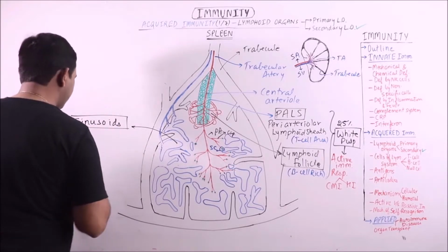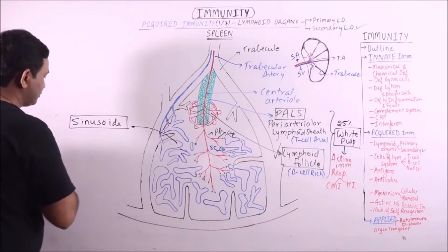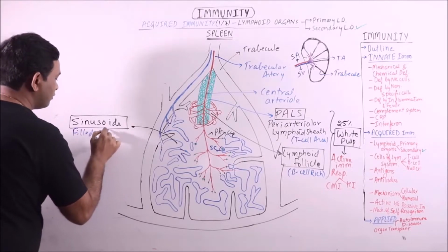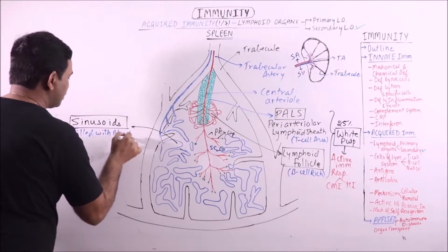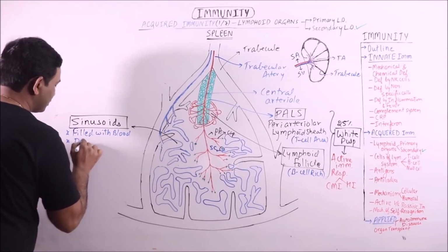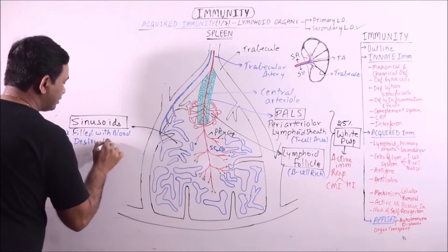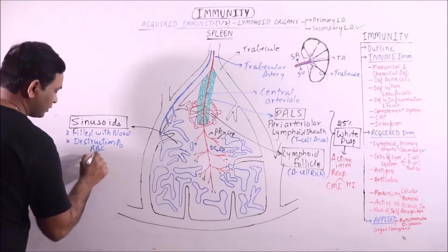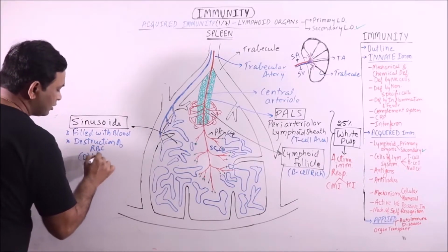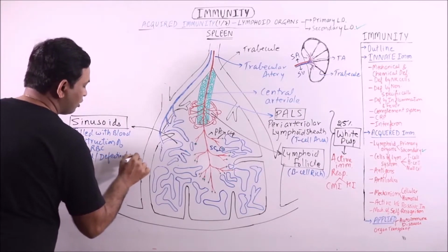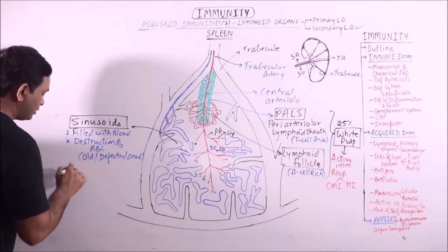These sinusoids are filled with blood, and these are mainly concerned with identification and destruction of RBCs which are old, defective or dead.